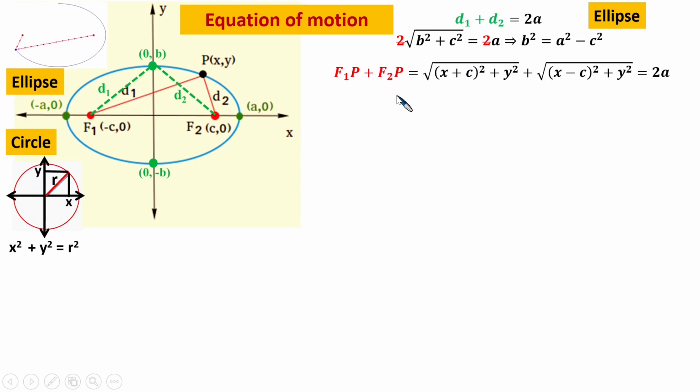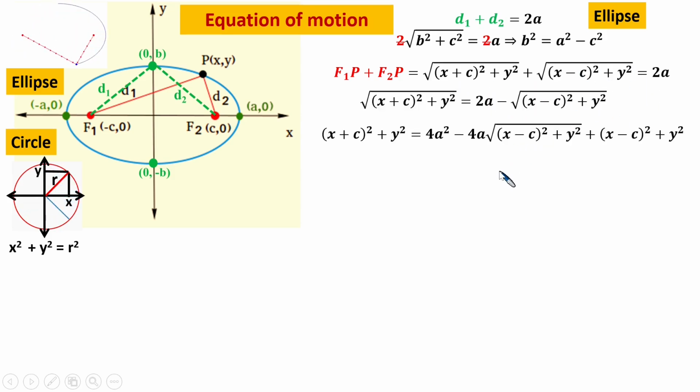I will hurry through this one because it is becoming too lengthy now. So f1p plus f2p: again you do x minus of minus, this is x plus c the whole square plus y square, y minus 0. These are very elementary steps. You take one root to the right-hand side, which becomes minus, and then you square it. So you square, this is 4a square, twice of this is minus 4a times this, and this square root will go off when you square it.